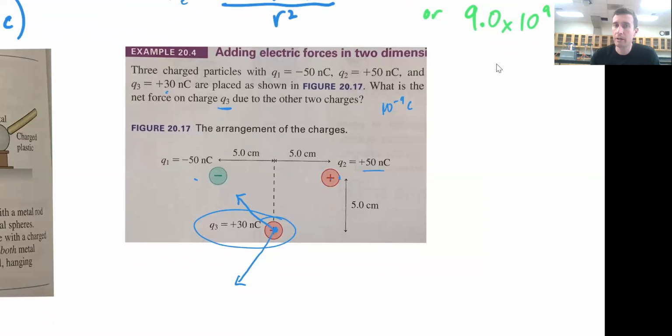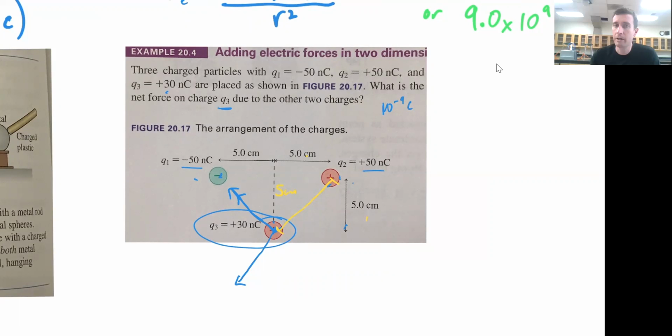And this one's 50 and this one's 50, so those should be equal to each other in magnitude. So if I can find one of them, I'm going to know the other one. And then this is 5 and this is 5 centimeters. So the distance between them is going to be the hypotenuse of 5 and 5, right? I have 5 squared plus 5 squared would give me that distance.